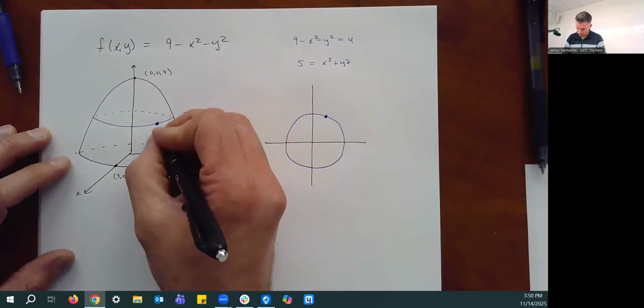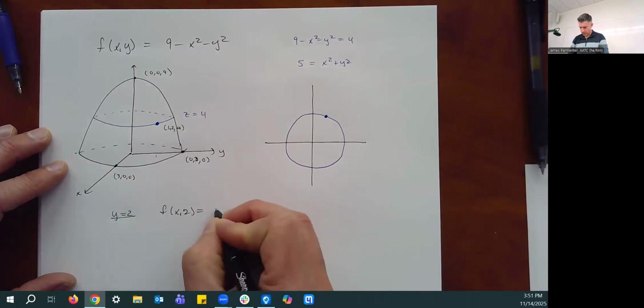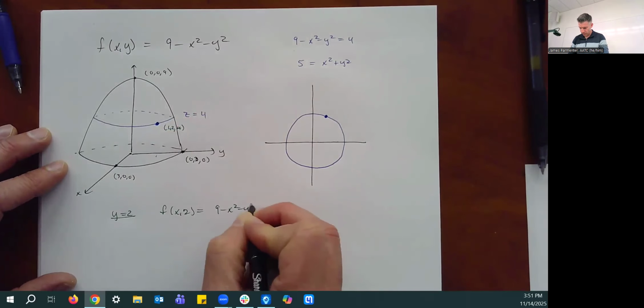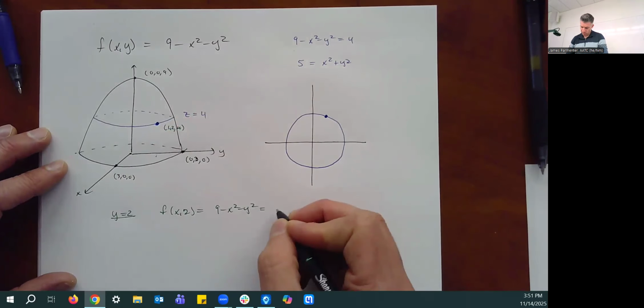So if y is equal to 2, then my function is going to be f of x comma 2 equal to 9 minus x squared minus y squared, which is just going to be 5 minus x squared, which looks like this.